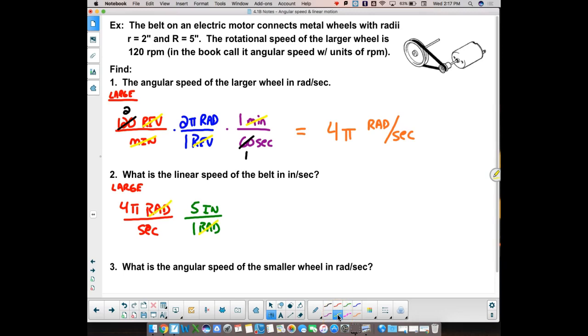And now I'm in inches per second, which is, the belt I should say, is traveling at 20 pi inches per second. Agree?